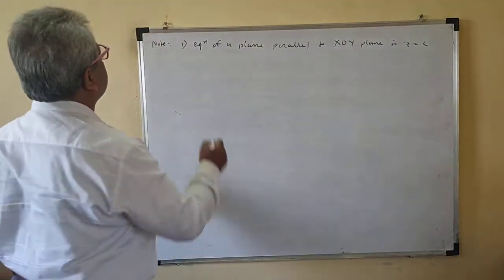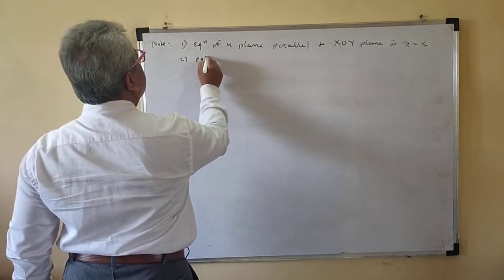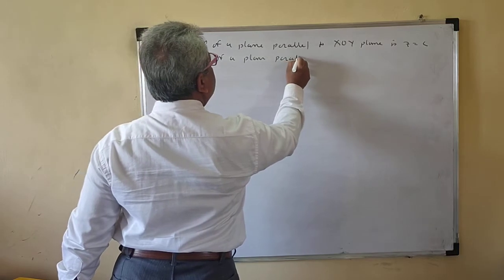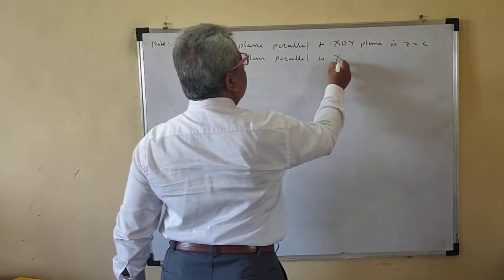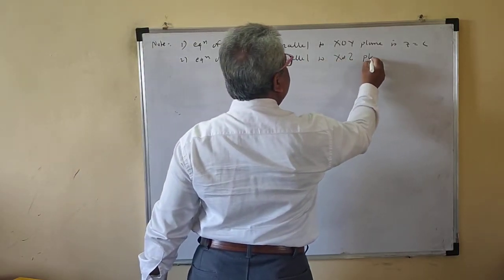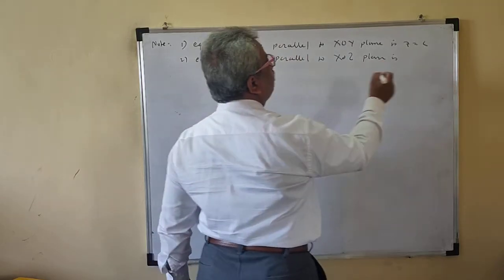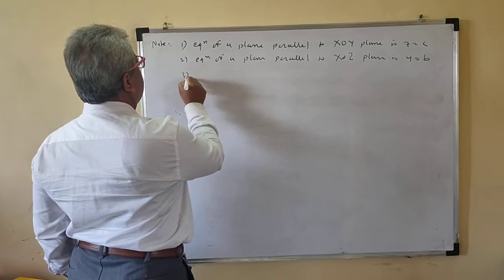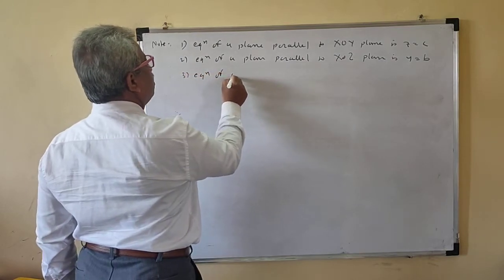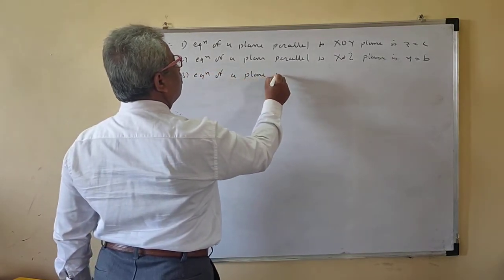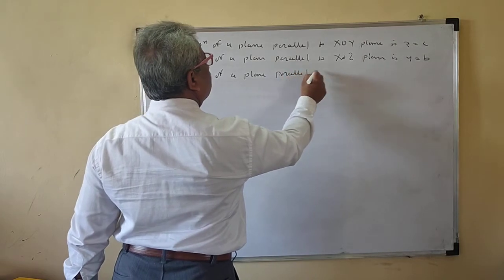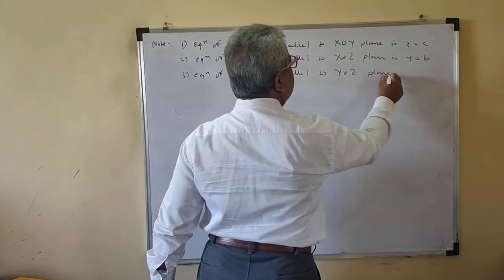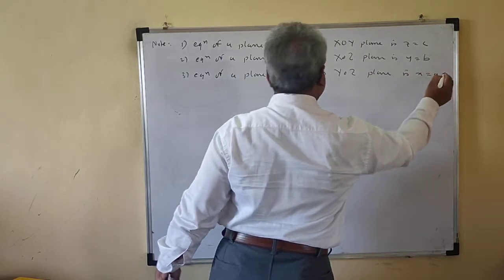The equation of a plane parallel to XOZ plane is y is equal to b. Third, equation of a plane parallel to YOZ plane is x is equal to a.